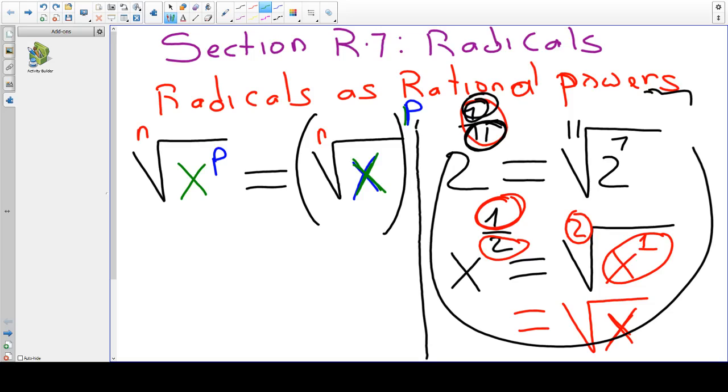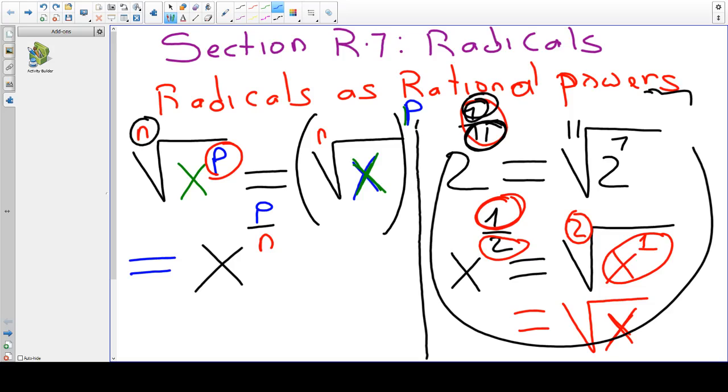Now, whether you have the p inside or the p outside, it's one and the same thing. So when you have that kind of radical, how do you turn that into a fractional power? Well, it's going to be x to the power of a fraction. Now, the index goes down, the denominator, and the power goes in the numerator. So that's how we turn this into a fractional power.